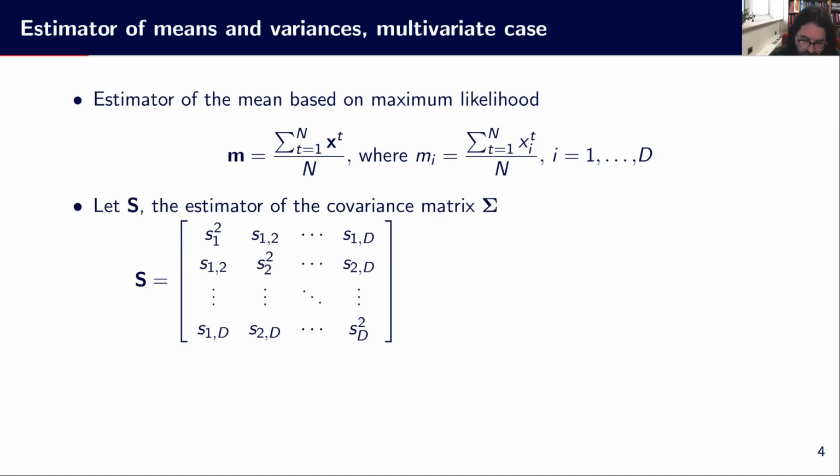Now we can also define big S as the estimator of the covariance matrix. So we have the same kind of thing: S1 square, for example, which is the variance of variable 1, and so on the diagonal. These are estimators of the variance. This is different.